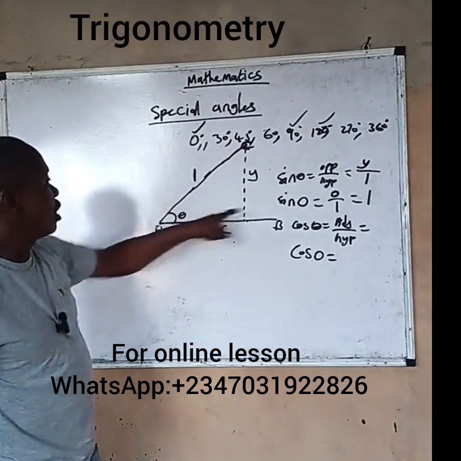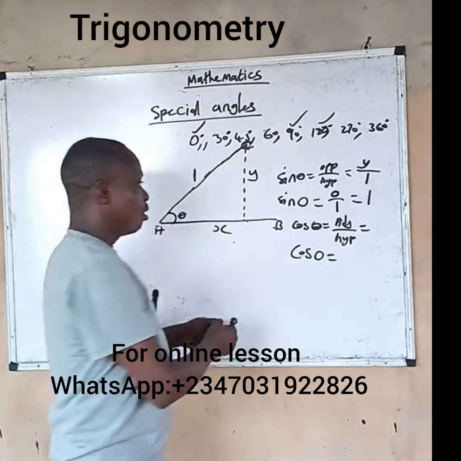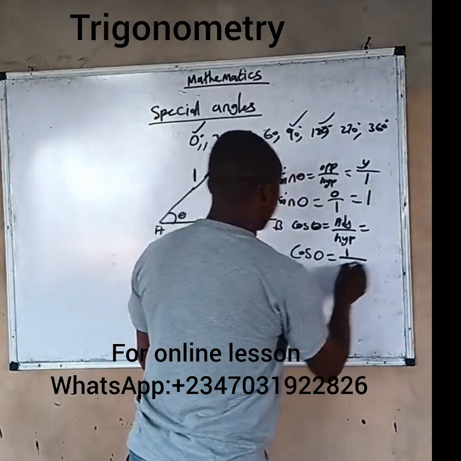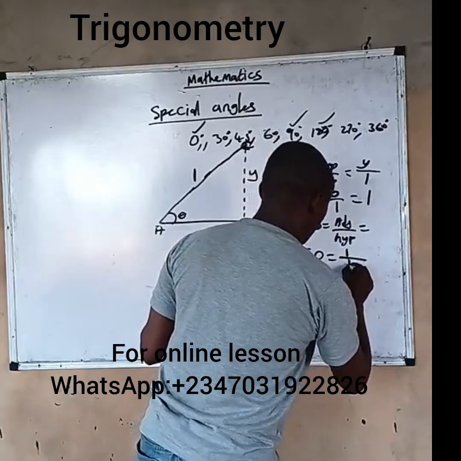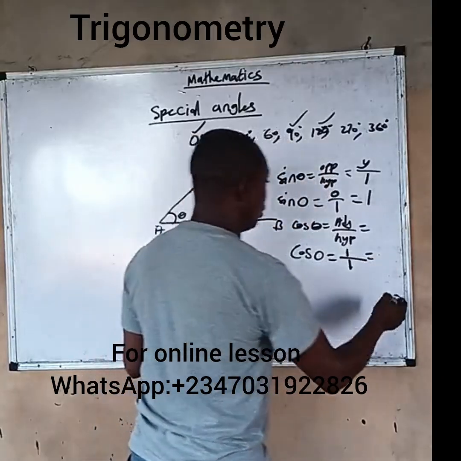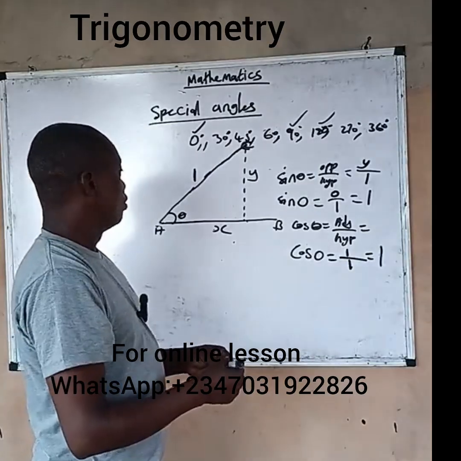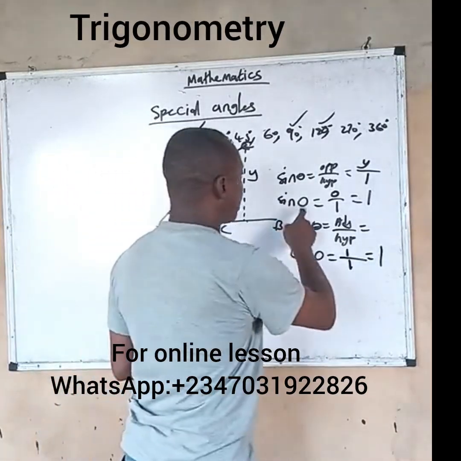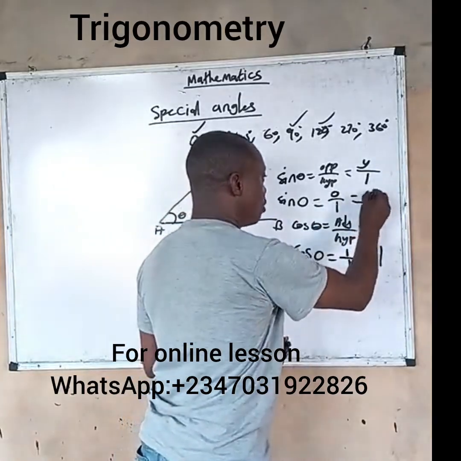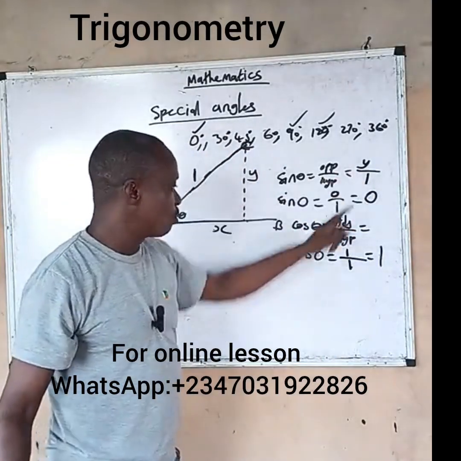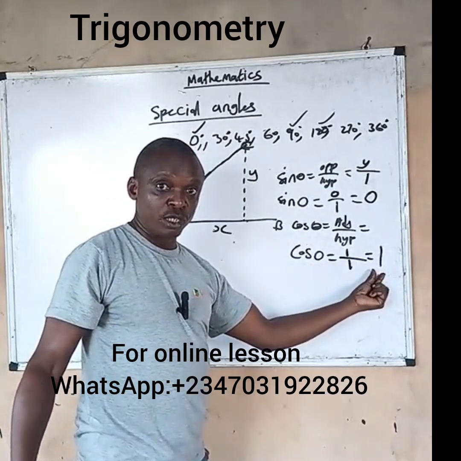Since this AC is on this line and AC is 1, your x component is 1. So I will now have 1 over the hypotenuse, which is still 1. So 1 divided by 1 is 1. So cos 0 degrees is 1.